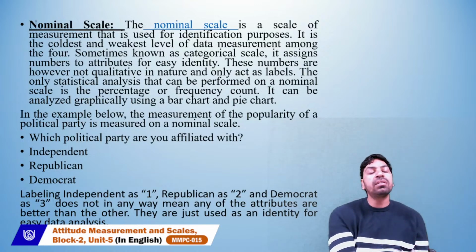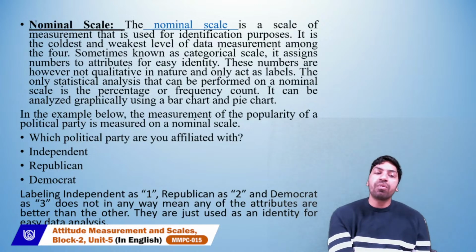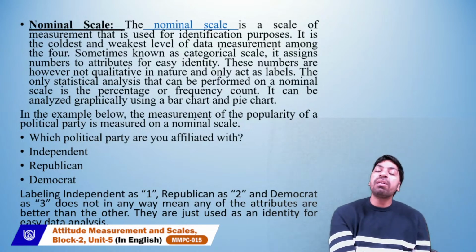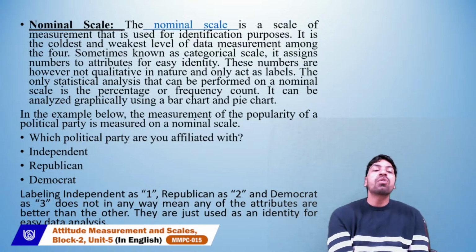So let's take a question: the popularity of a political party is measured on a nominal scale. How is it measured? Which political party are you affiliated with: independent, Republican, or Democrat? Or, if we convert the question, which political party are you willing to vote for: BJP, Congress, or Aam Aadmi Party?